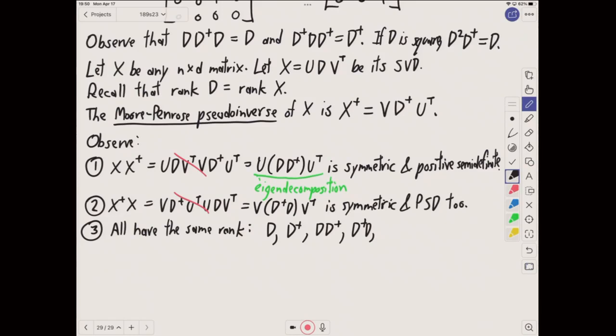So the SVD, since it gives us D as our diagonal matrix in the middle, tells us that X has to have the same rank as D. And of course, X pseudo-inverse has to have the same rank as D pseudo-inverse, because here's its SVD.